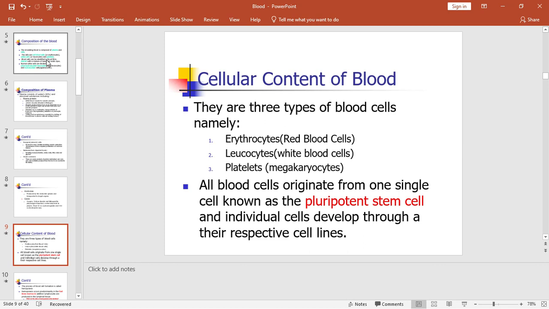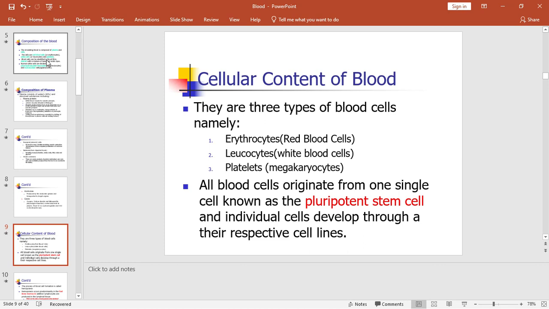I'm on slide 9. I'd like to give you a bit more detail on the different types of cells that are found in blood. We've already said that there are red blood cells, also known as erythrocytes. There are white blood cells, known as leukocytes, and there are platelets, which are circular kind of cells that do not have a nucleus.